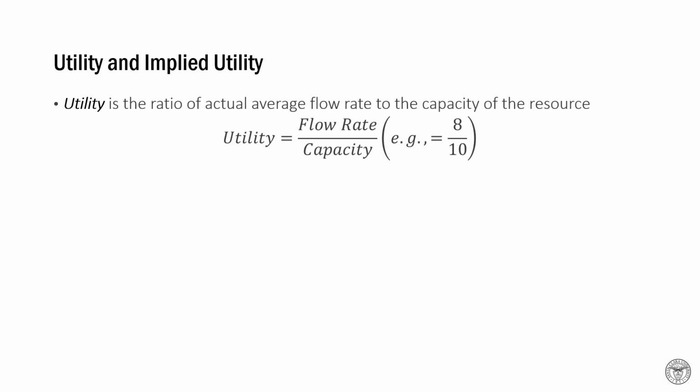Utilization and implied utilization are two concepts that help analyze the relationship between supply and demand in a system. Utilization is defined as the ratio of the actual average flow rate to the capacity of a resource. For example, if the actual flow rate is 8 units and the capacity is 10 units, the utilization will be 8/10.